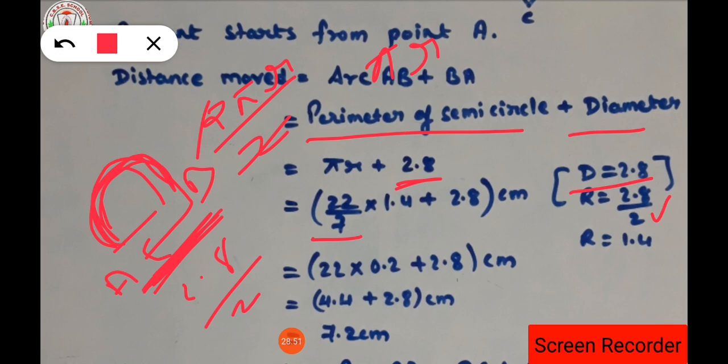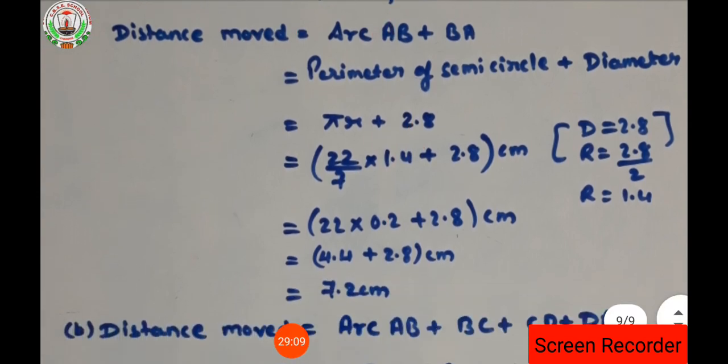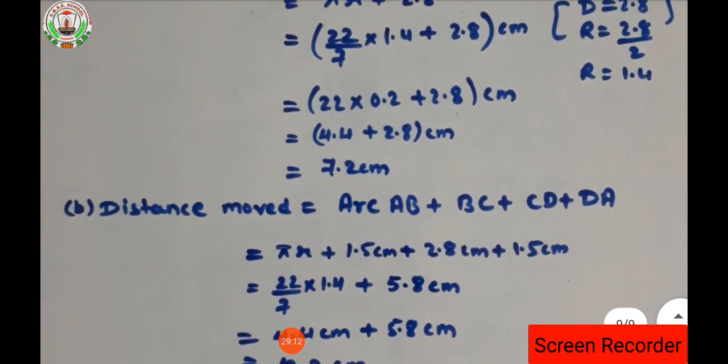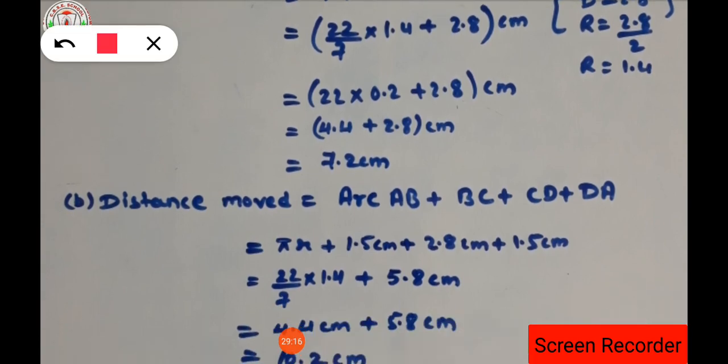So 22 upon 7 into 1.4 plus the diameter, that is AB value, 2.8. Now 7 ones are 7 and 7 twos are 14, that means 0.2. The 1.4 gets divided, and we get the required answer. So 22 into 0.2 will be 4.4.